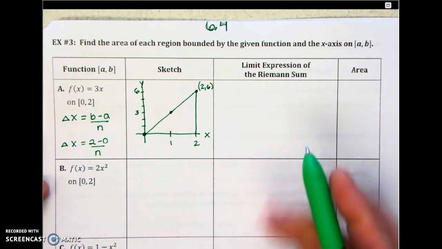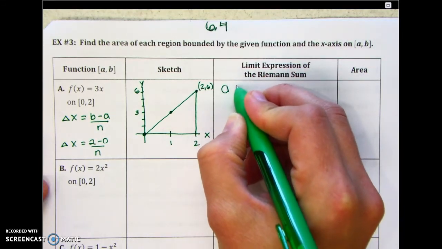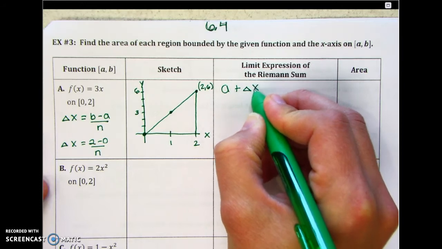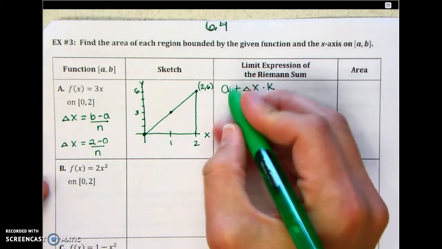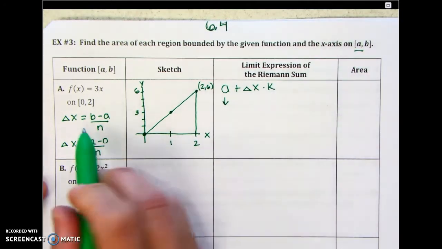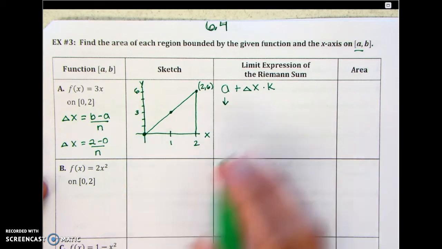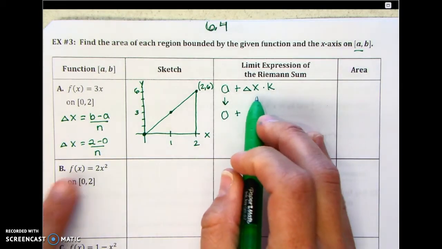Okay? So for the limit expression for the Riemann sum, the formula is a plus change of x times k. Now we can't forget that a is always your starting value in the interval. So in this case, where do we start our interval? A is going to be 0. Change of x we found over here.